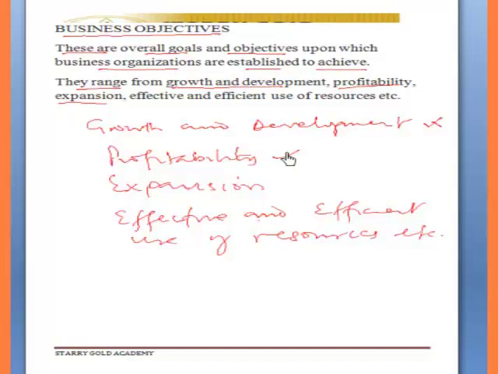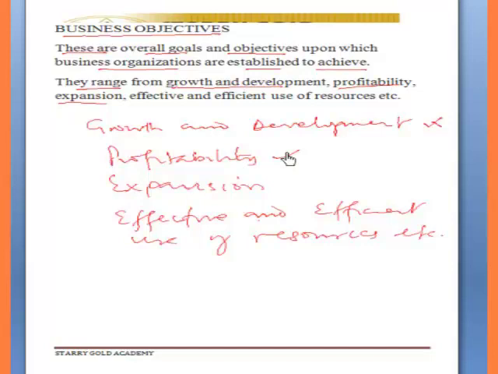Likewise, the effective and efficient use of resources must also be understood or clearly stated as one of the core objectives of a business organization. It is generally believed that organizations are usually blessed with resources, both human and material, and these resources are combined for the purpose of producing goods and services which will satisfy the needs, wants, tastes, and preferences of the final consumer.